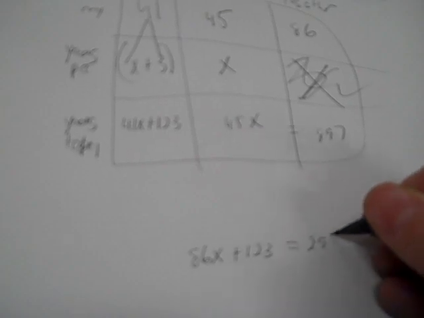Now, if you know these two, you don't need this. So 41 times x, 41x. 41 times 3 is 123. Then 45x. And then we have nothing but x's, so I add the x's to get 86x plus 123 equals 897.